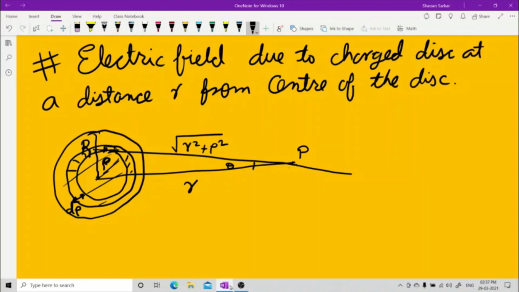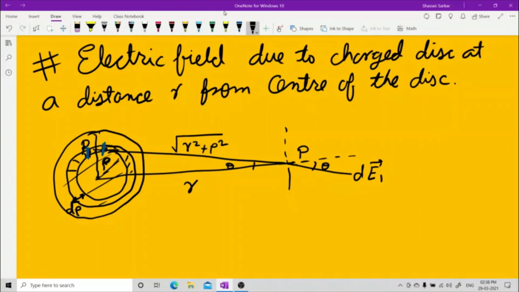Consider the y-axis and this is your x-axis. This is your theta. This is your dE1 due to the upper portion of this elementary portion.